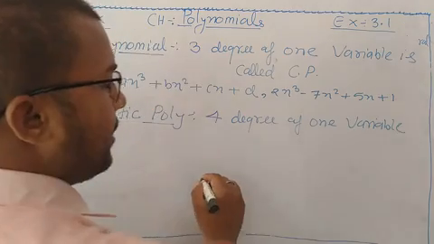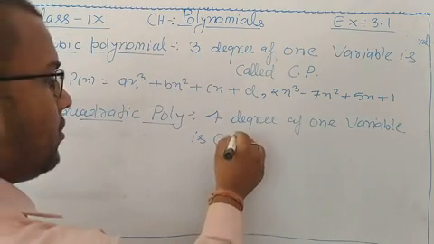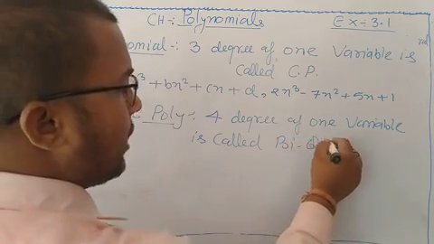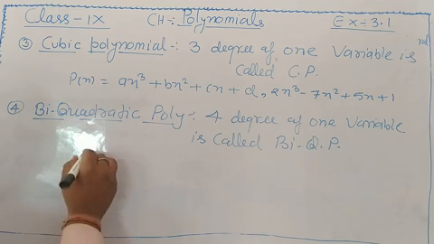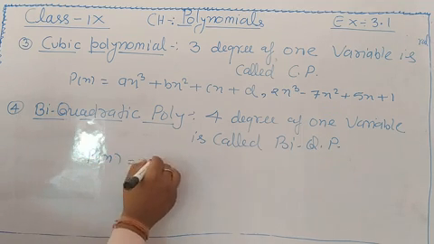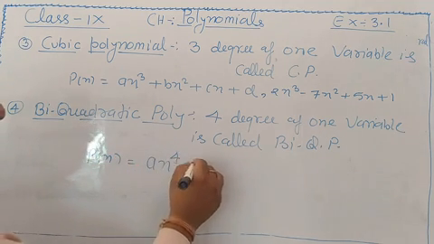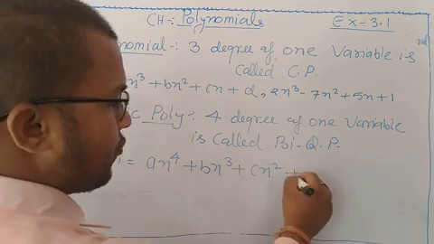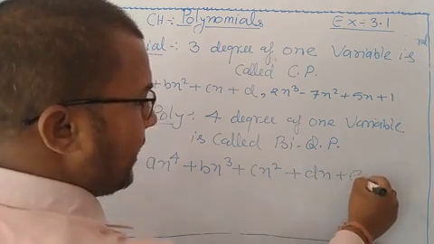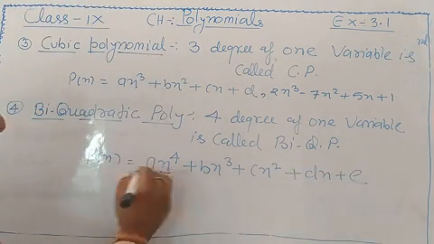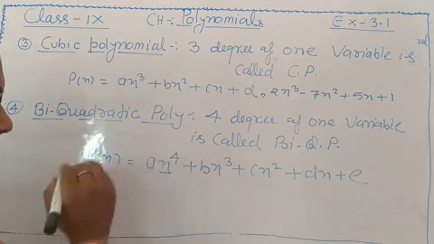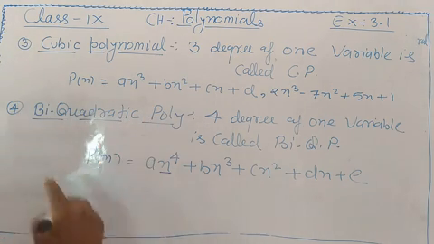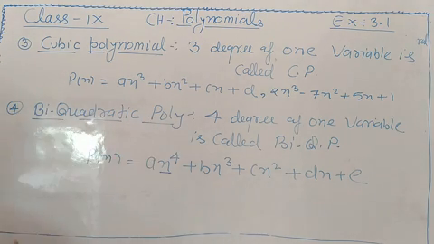Four degree of one variable is called a biquadratic polynomial. It is denoted by p(x) = ax⁴ + bx³ + cx² + dx + e, where x is the variable and the power of the variable is 4. Okay students, write them.